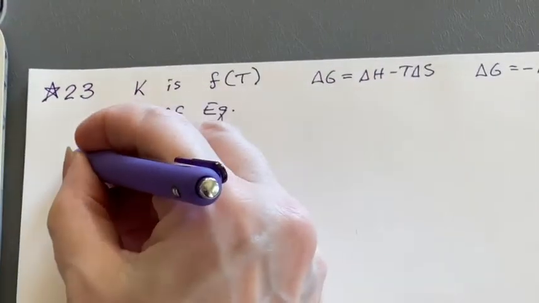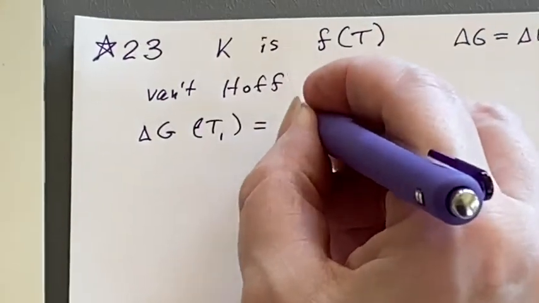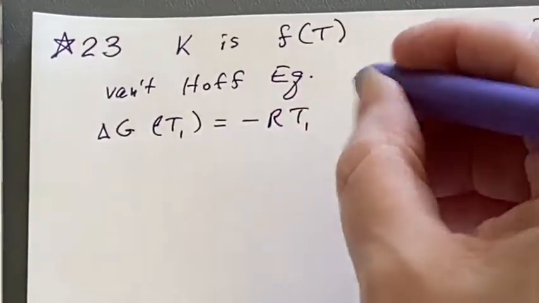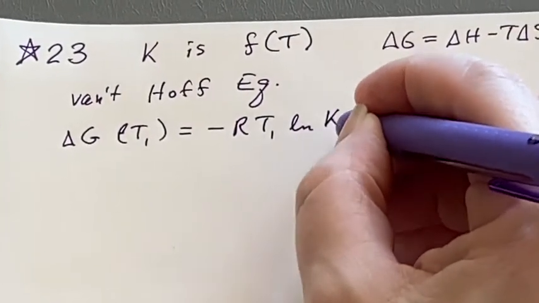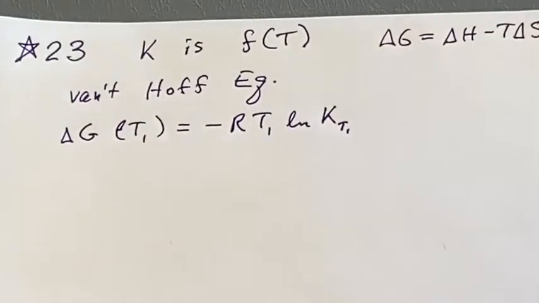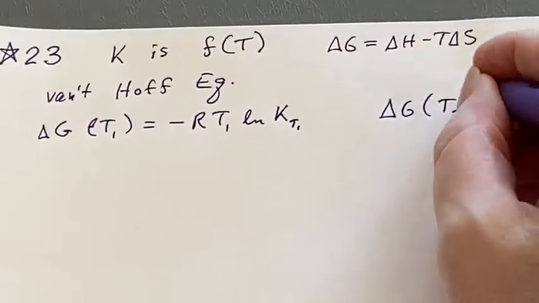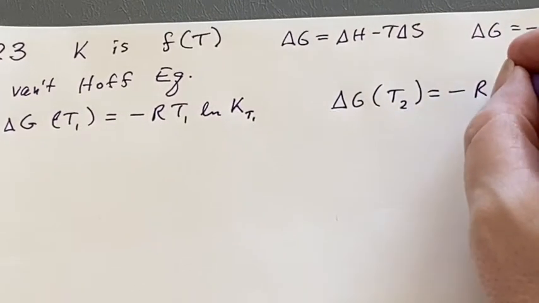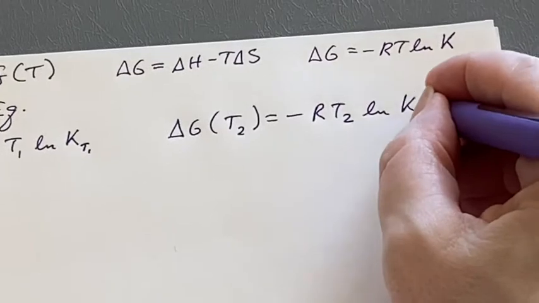Whatever the temperature is, I can say that delta G at temperature 1 is minus R T1 times the natural log of K at that temperature T1. Similarly, delta G at T2 is going to be minus R T2 times the natural log of K at T2.